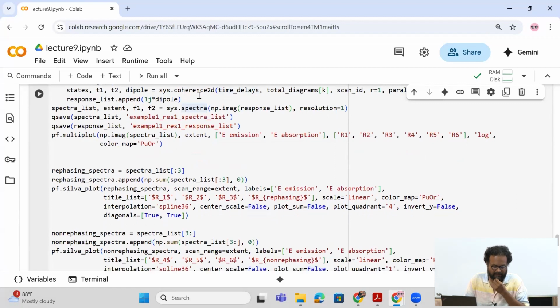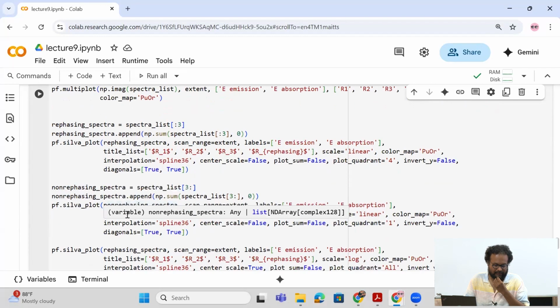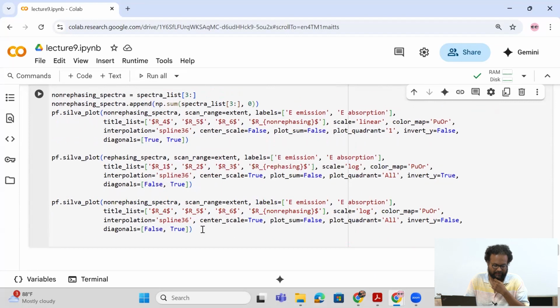So that's the pathway for it. In the non-rephasing, we take the other three of the spectra list, add them up, and plot the non-rephasing spectrum.